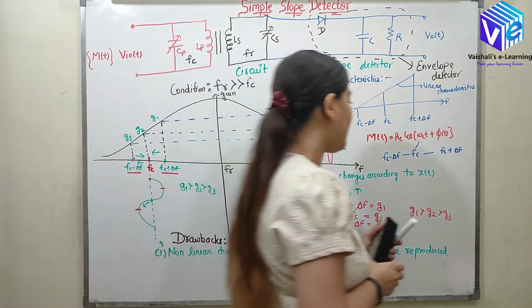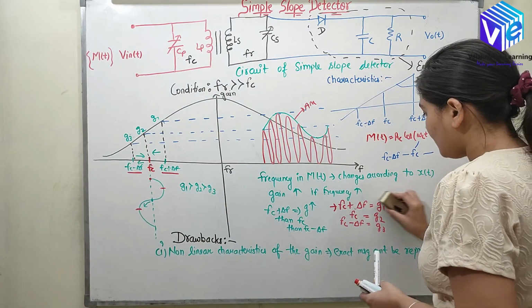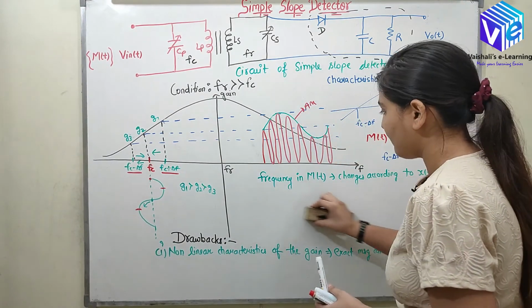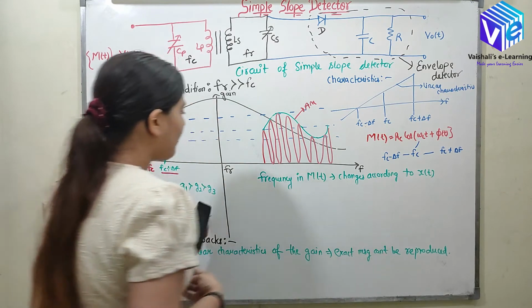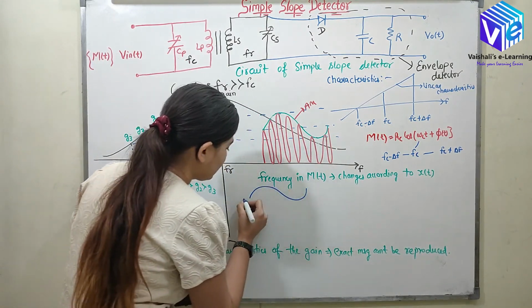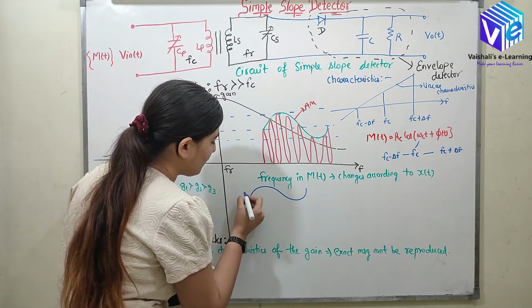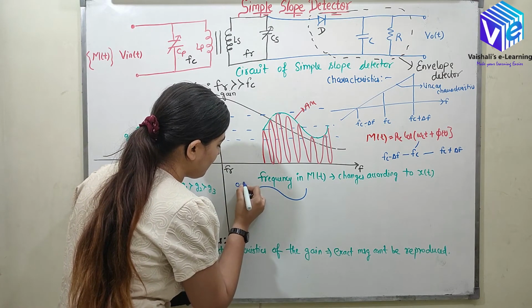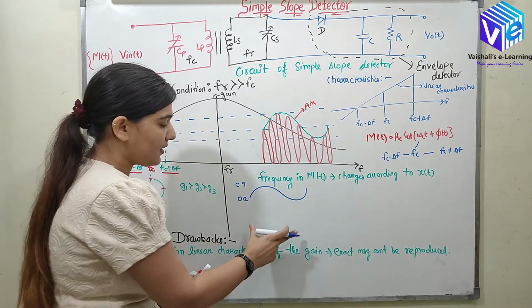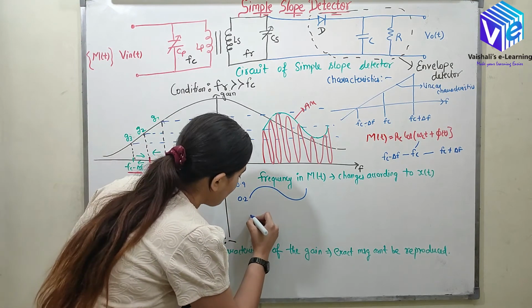So let's understand how it will affect our signal. So now I hope you are very clear about the gain. So I am removing it. So now if I talk about the message signal, let's suppose this is my message signal and the amplitude of the message signal is ranging from 0.2 to 0.9. So here this message signal will produce a frequency modulated signal.